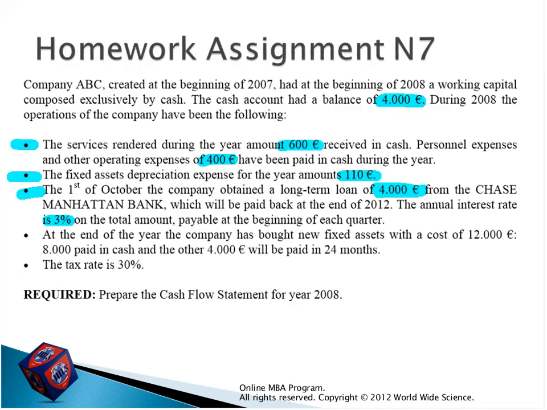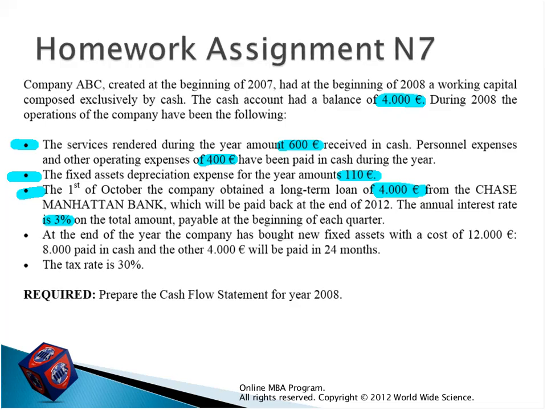But it will be paid back in 2012, so you won't be confused, you won't need to mention when it is paid, because 2012 is in the future. We are preparing the cash flow statement for this year, for 2008 only.